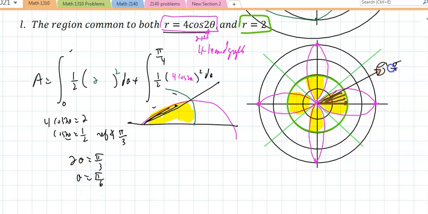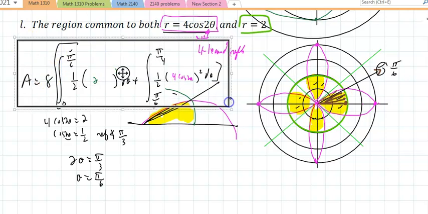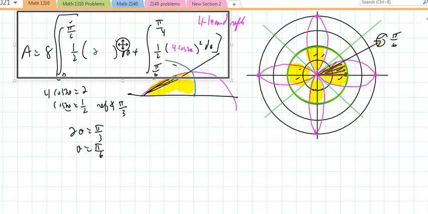So that's pi over 6. And if I take this and multiply it by 1, 2, 3, 4, 5, 6, 7, 8, that will do the trick. And that will be my area. And that takes care of this section.